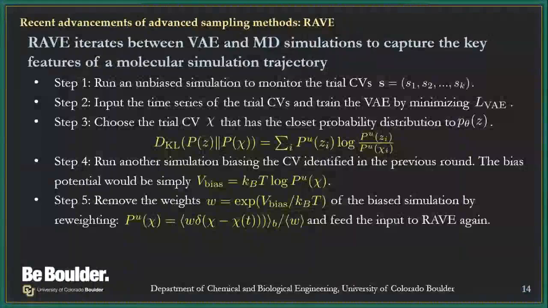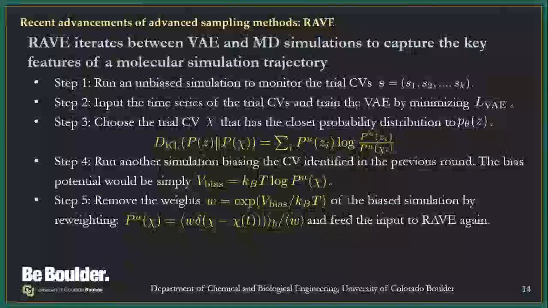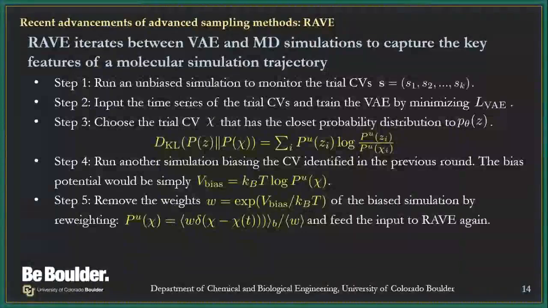And as I just showed, there is an encoder and a decoder, and the goal is to minimize the error inside that neural network framework. So that's the second step. We basically train the whole RAVE framework, and the third step is actually what makes the output CVs physically interpretable.